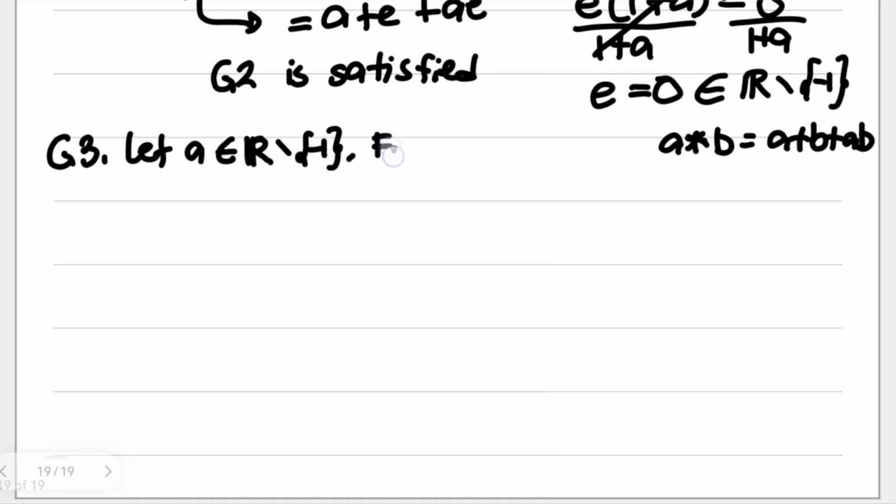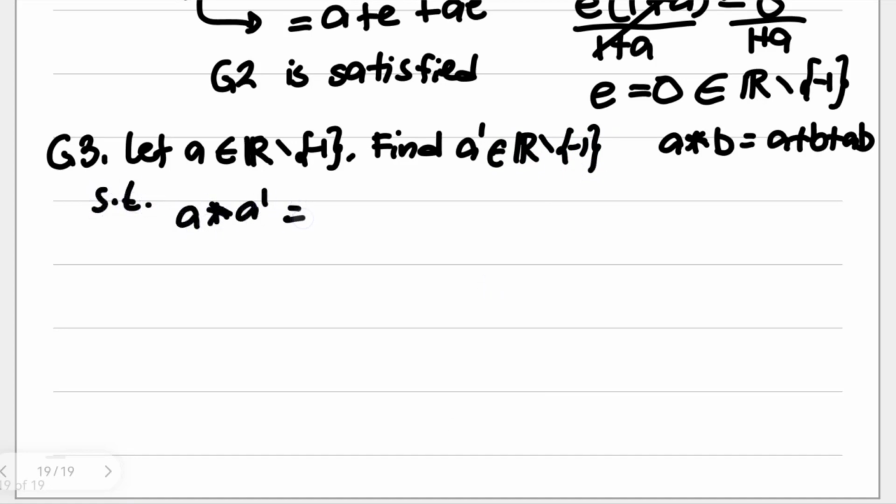We're going to find the inverse of A, still an element of the same set, such that A star the inverse is equal to the inverse star A, equal to E, which is 0.